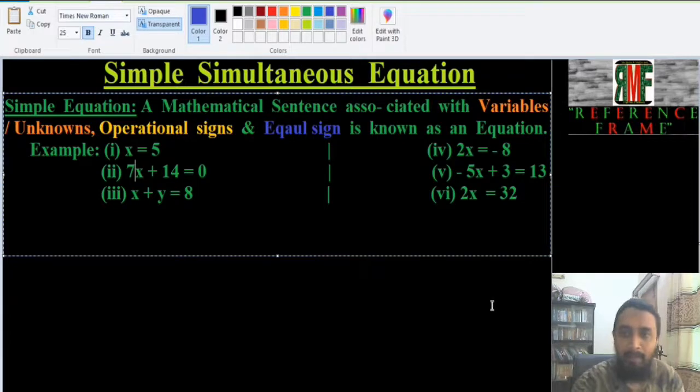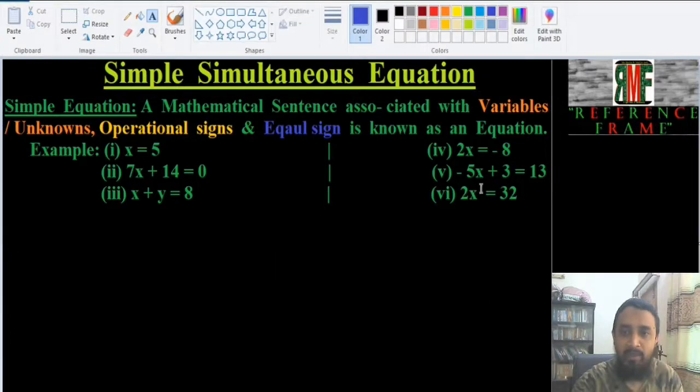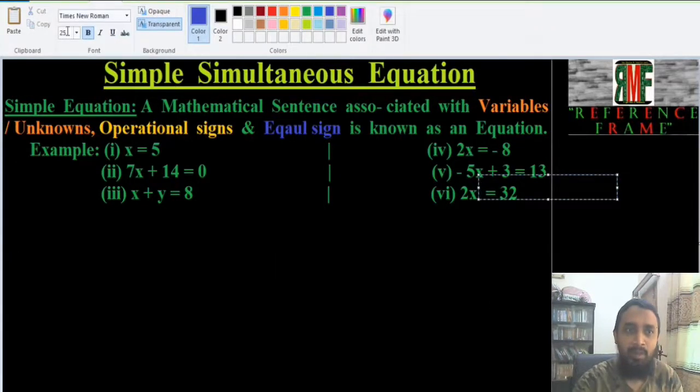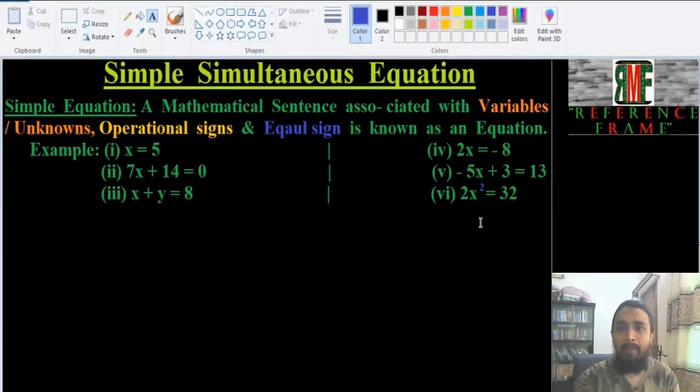Okay, before discussing the simultaneous equation, let us see something more here. Look, this is also an equation. Twice x square is equal to 32. All the 5 equations that you can see in the examples are simple or linear equations, but this one is non-linear.